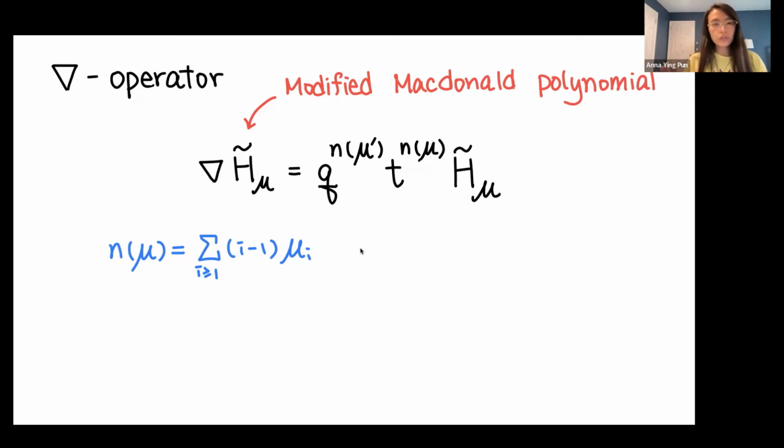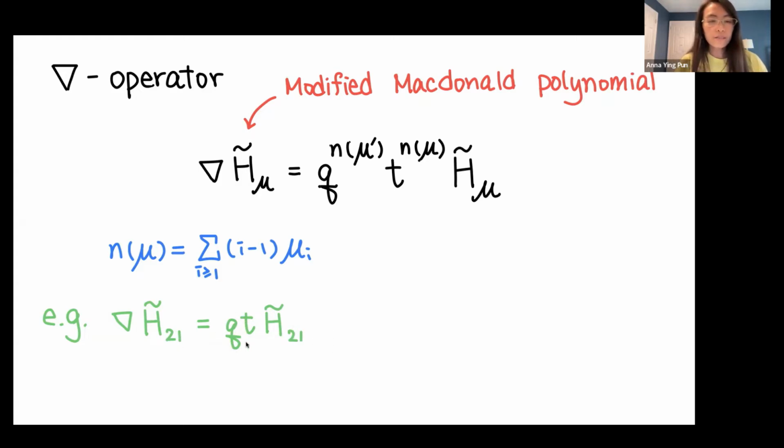You can just draw your shape and then fill in zeros on the first row, ones on the second row, twos on the third row, and so on, and then add all the numbers that you filled in. So these are the exponents. To give you an example, when mu is (2,1), even if you don't know what the Q and T power is, you know that it must give you back H_{2,1} because it's an eigenfunction, an eigenvector.